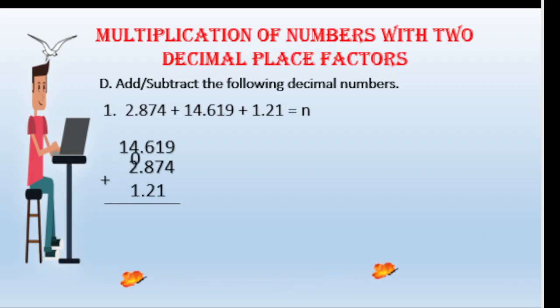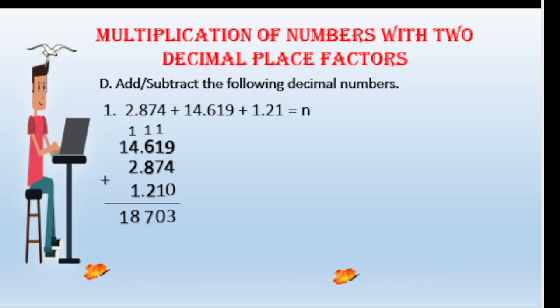Add 0, 9 plus 4 is equal to 13, carry 1, plus 1 is 2, plus 7 is 9, plus 1 is 10, carry 1, plus 6 is 7, plus 8 is 15, plus 2 is equal to 17, carry 1, plus 4, 5, plus 2, 7, plus 1 is 8, carry, I bring down 1 and then put in the decimal point between 8 and 7.